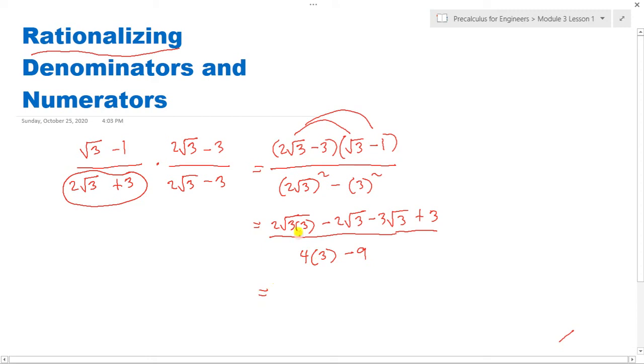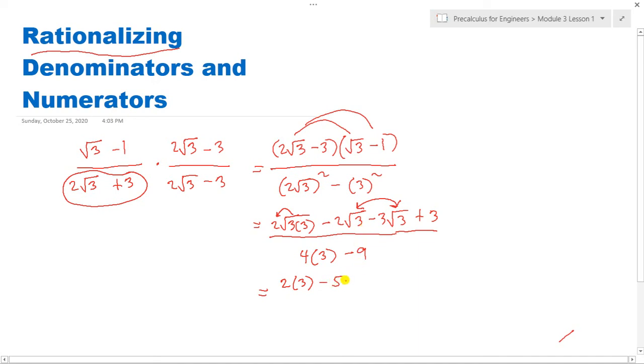So on the numerator, let's simplify. Since itong 3 times 3 is just equal to 3 squared, then yung exponent niya is similar to your index. Therefore, ma-extract yung 3 sa labas. So we now have 2 times 3 minus, here makukombine na ito kasi they have the same index at saka the same radicand. So therefore, negative 2 minus 3 is negative 5.